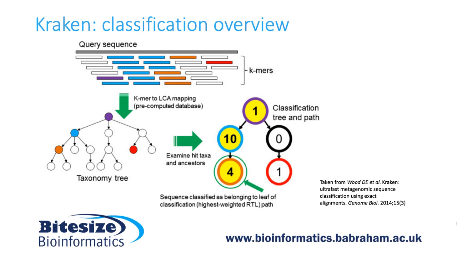So if you work your way back from the leaf to the root of the tree, you'll get a score of 4 plus 10 plus 1, which is 15. And this is the highest score possible. And then Kraken goes on to assign the read to that particular taxonomic classification.